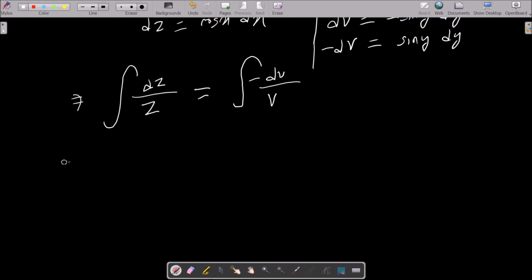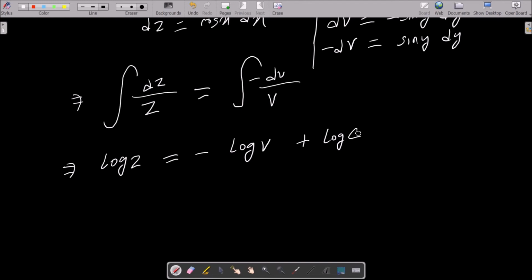Now the integration of 1 by z is log z, then it's not plus, it should be equal, then minus is there, so we write minus log v, and c is the arbitrary constant. Since both places have log, here we can write log c.